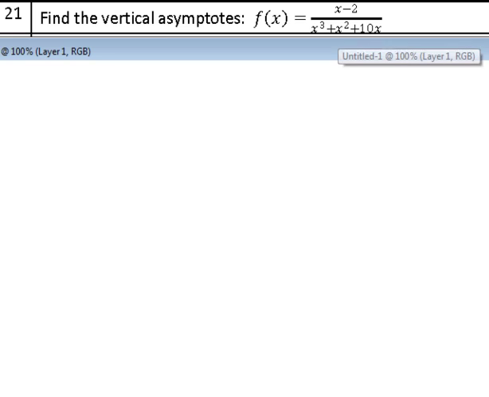All right, well, this function is a rational function, and vertical asymptotes occur at the denominator of a reduced rational function. It has to be reduced.